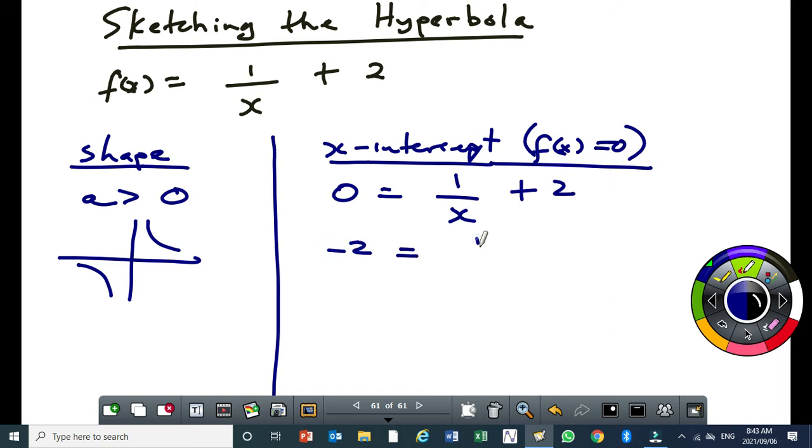You get minus 2 equal to 1 over x. Now, if you know your equations well, do you know that you can just swap the minus 2 and the x? If you know your equations well, you don't need to do any cross multiplication. Right? So we just swap the minus 2 and the x, and you get x equal to negative a half. So what this means is that one of the two curves will pass through the point where x is equal to minus a half.